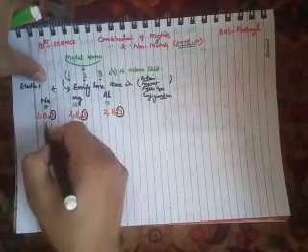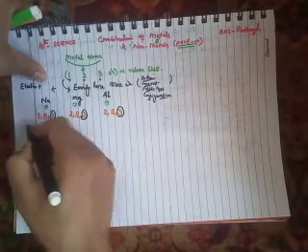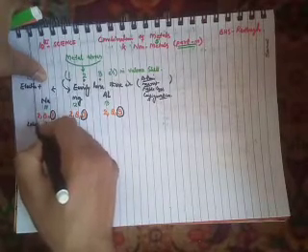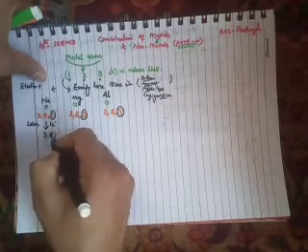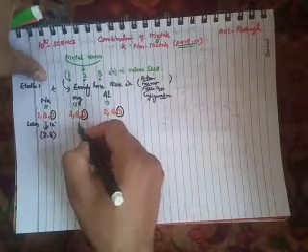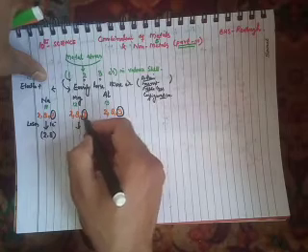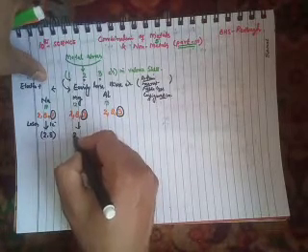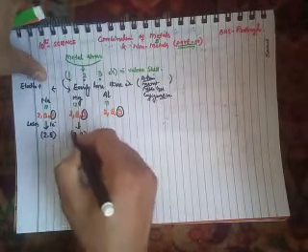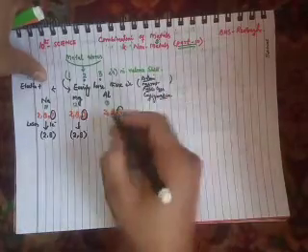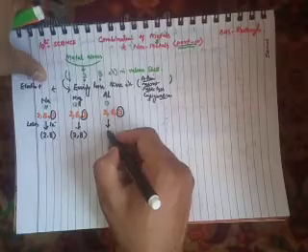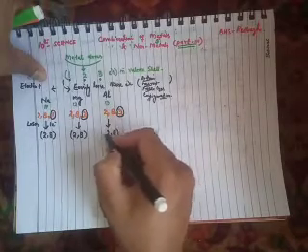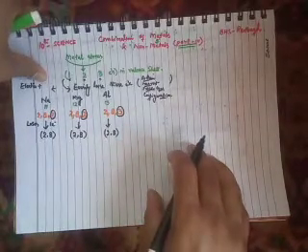If sodium loses this 1 electron, it forms the 2 and 8 configuration. Magnesium has to lose both its 2 electrons to form 2 and 8, which is the nearest noble gas configuration. Aluminium has to lose all 3 electrons so as to acquire the nearest inert gas configuration.